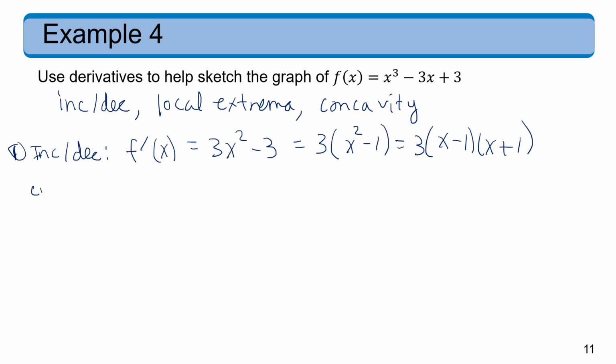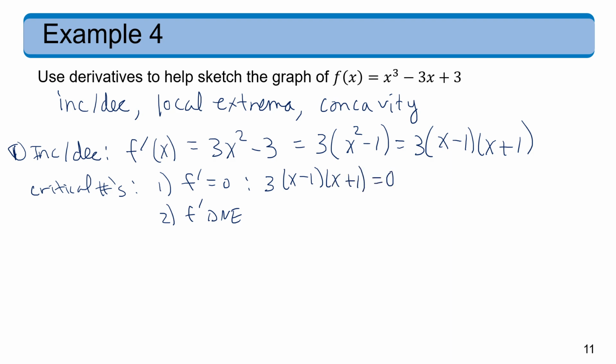Okay, now let's find our critical numbers. There are 2 things you have to check for critical numbers. One is values that make f prime equal to 0. The other is values that make f prime undefined. So starting with f prime equal to 0, just take our factored version of f prime and set it equal to 0.